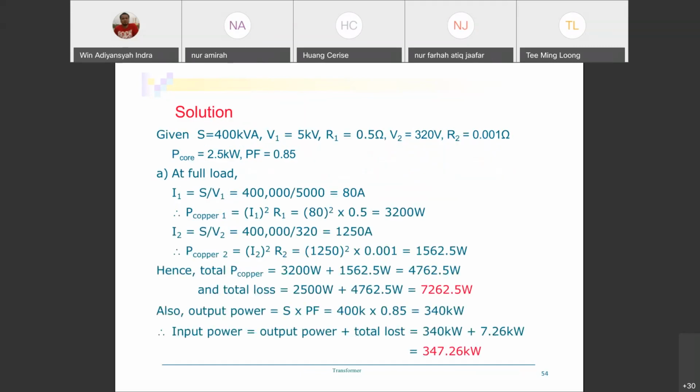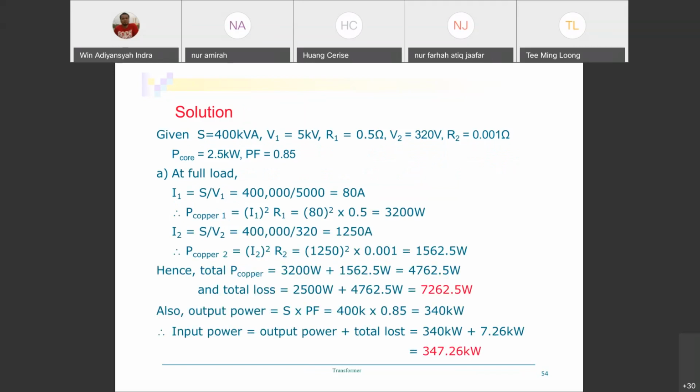Okay, the given, at full load, find the primary current first. S is given just now, 400 kVA. V also given, 5 kV.